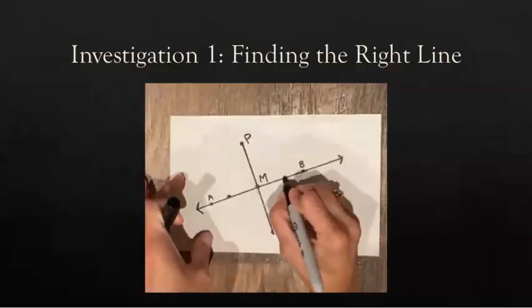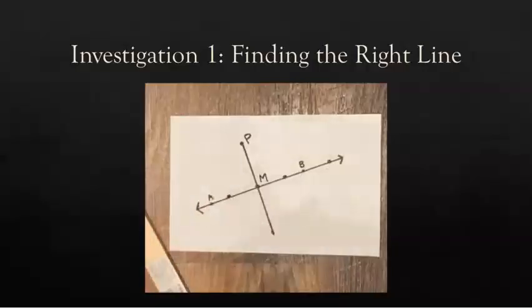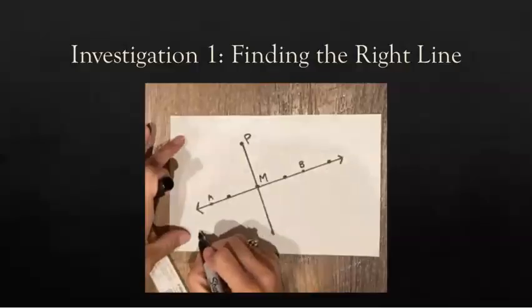Now I'm going to draw 3 more points on the line just to test some things out. I'm going to want to be measuring these distances to these different points.